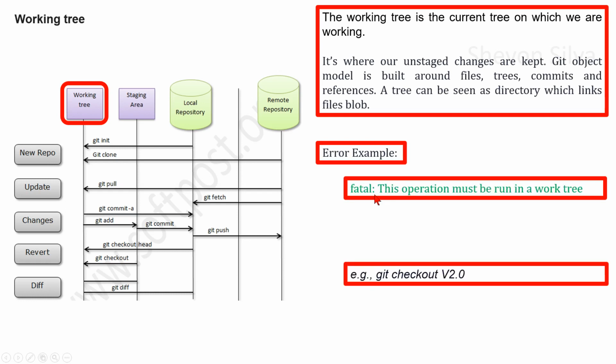We can consider this error as an example. Fatal: this operation must be run in a work tree. For example, this occurred in Git checkout version 2.0.